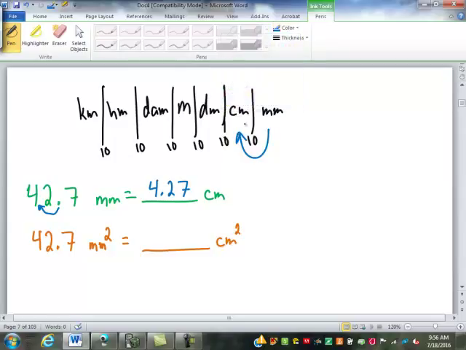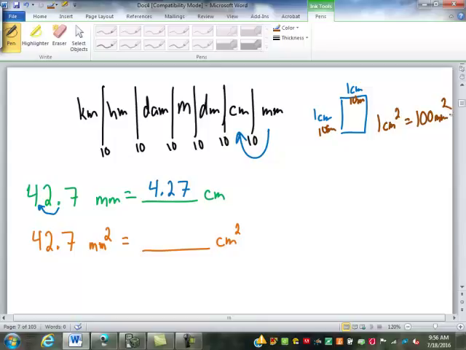It's still only one position on the chart, but it's squared, which means, if you think about it, it's 1 centimeter by 1 centimeter, and 1 centimeter is 10 millimeters. So 10 millimeters by 10 millimeters, which is going to be what? 1 square centimeter is 100 square millimeters.